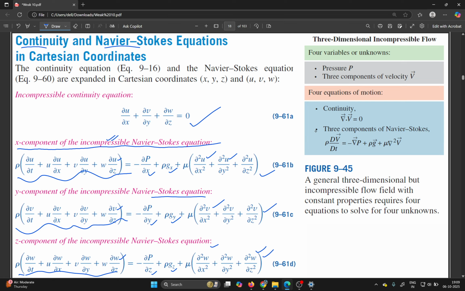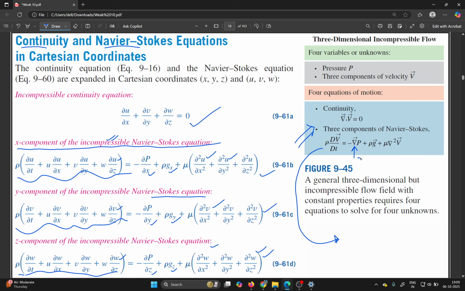When you compact this, then you will get this equation. Like in the calculus form, if you want to write, then you will get the differential form. If you want to write the divergence, here as you know, this is your del operator.